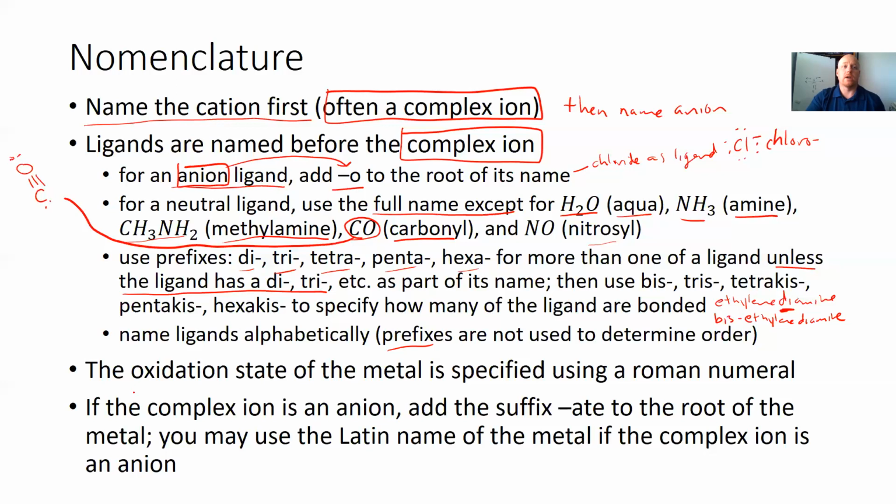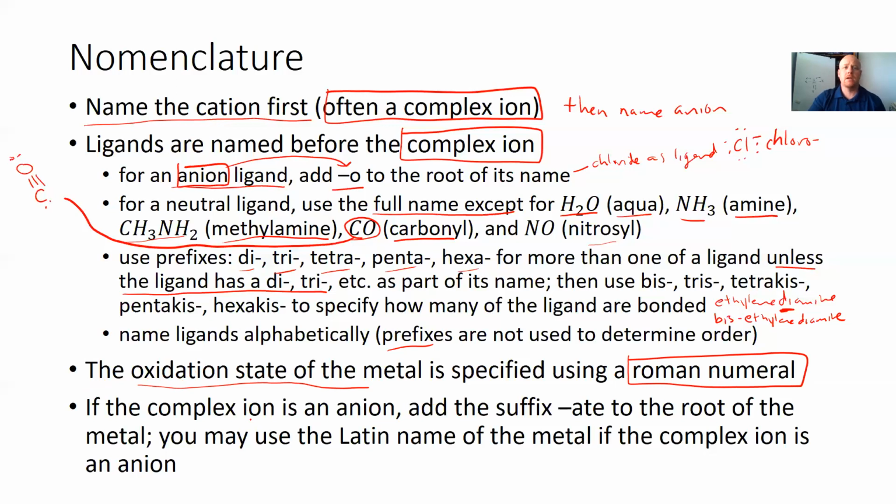Generally, the new version of naming metals is we're going to label the oxidation state of the metal using a Roman numeral. So if you remember type 2 metal ions, these are basically our type 2 metal ions. And so we're going to use the Roman numeral to label the charge or the oxidation state of that metal ion.